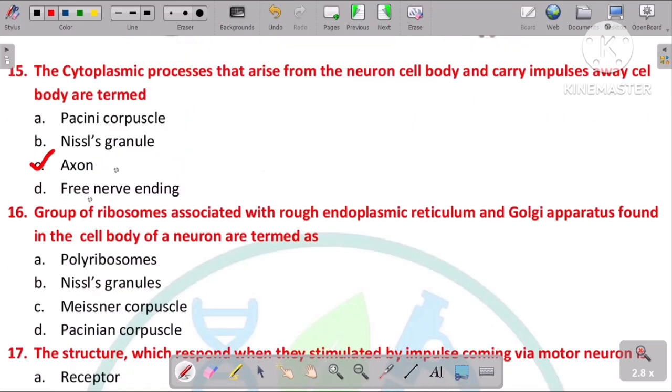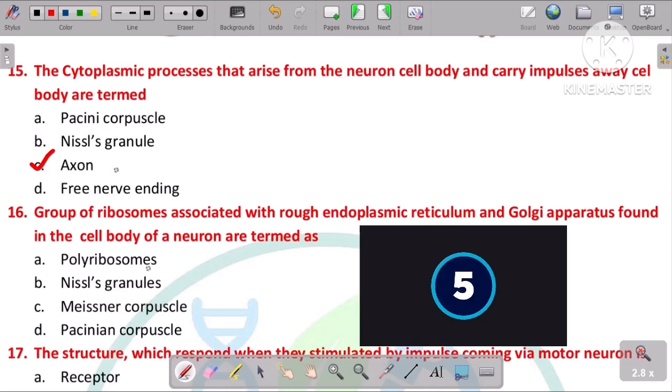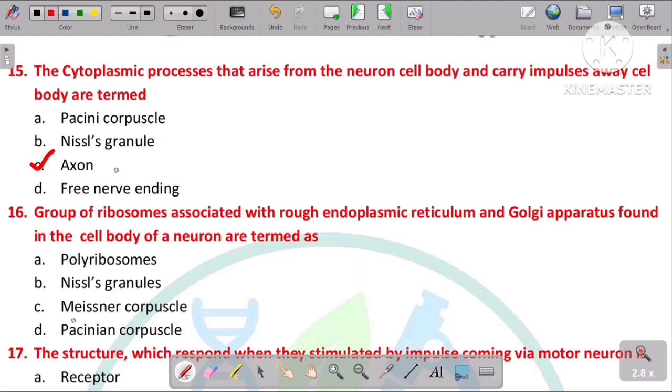So the next question is: groups of ribosomes associated with the rough endoplasmic reticulum and Golgi apparatus found in the cell body of a neuron are termed as... So the right option is option B, Nissl's granules.